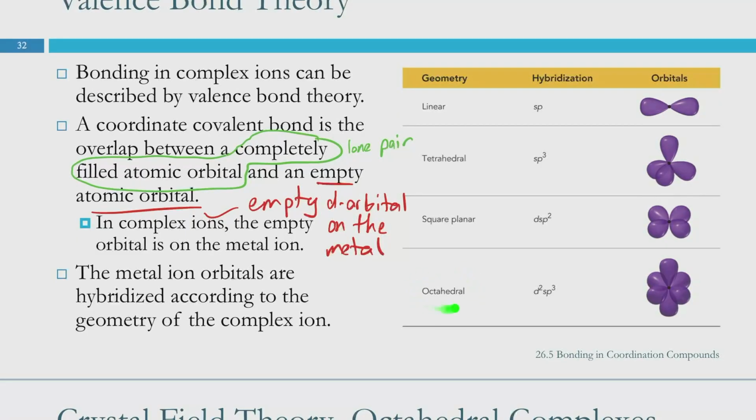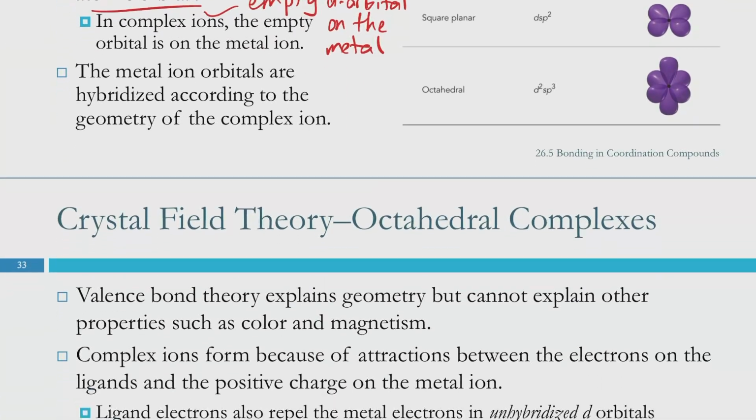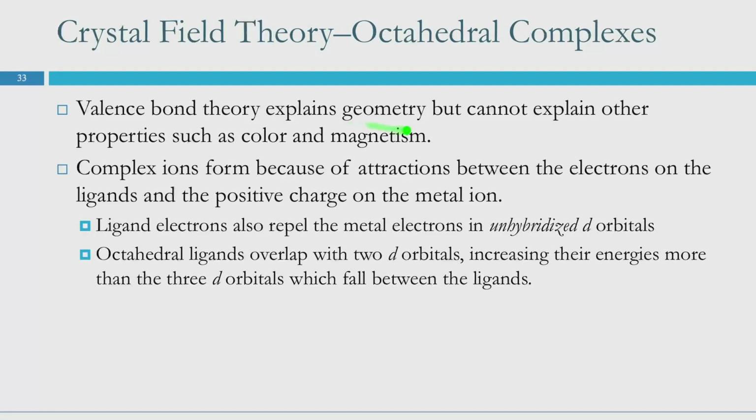And for octahedral, d squared sp3 or sp3 d2, where we've got 6 groups. So counting up the number of things we've got here gives us the number of orbitals that we would have. Valence bond theory can explain the geometry, but it doesn't explain things like color and magnetism.